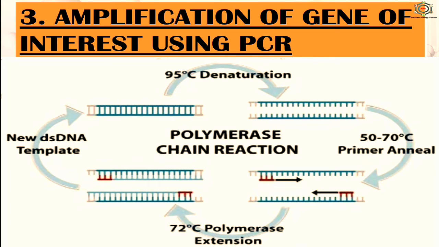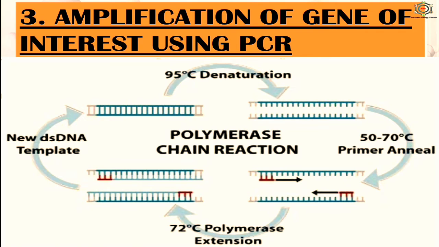So the three steps mentioned complete the first cycle of PCR. Here you can see denaturation occurring at 95 degrees Celsius, then primer annealing at 50 to 70 degrees Celsius, then polymerase extension at 72 degrees Celsius, and then new double-stranded DNA formation. The second cycle begins with the denaturation of the extension product of the first cycle, and after completing the extension step, two cycles are completed.